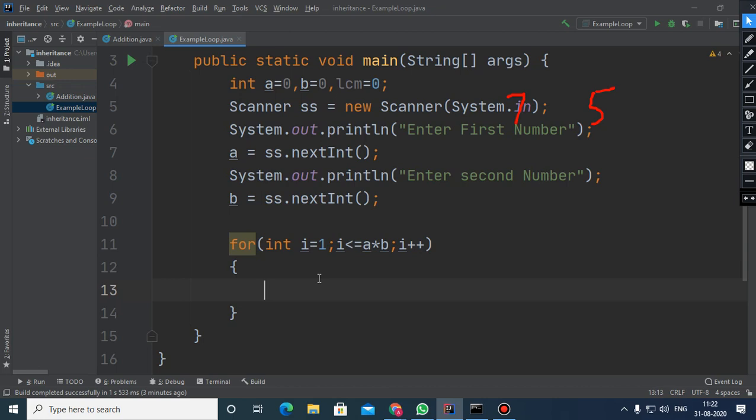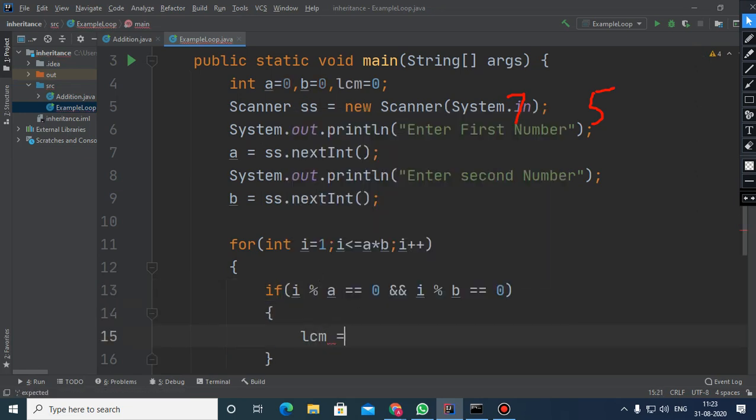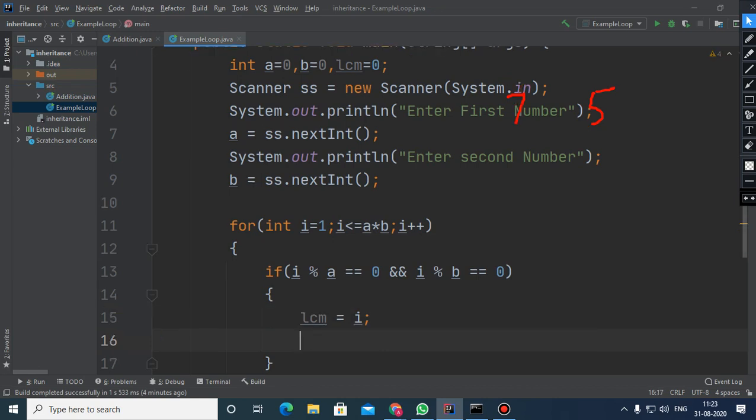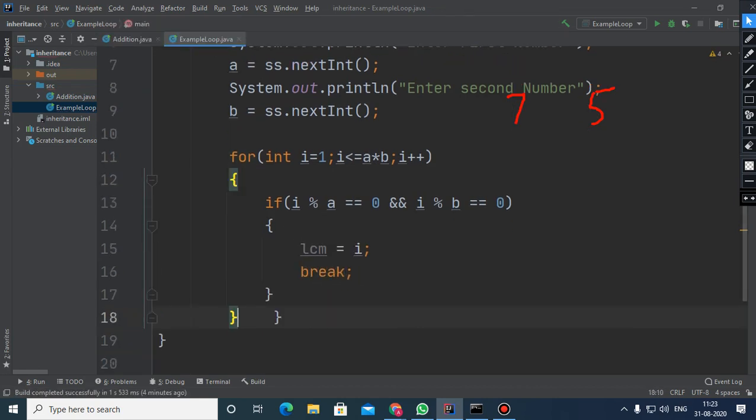So what to do? You have already started this loop from 1 to A times B, and you need to check if I mod A is 0 and I mod B is 0. If this is the case, then that value of I will be the LCM, and immediately you have to terminate the loop because you have got the LCM.